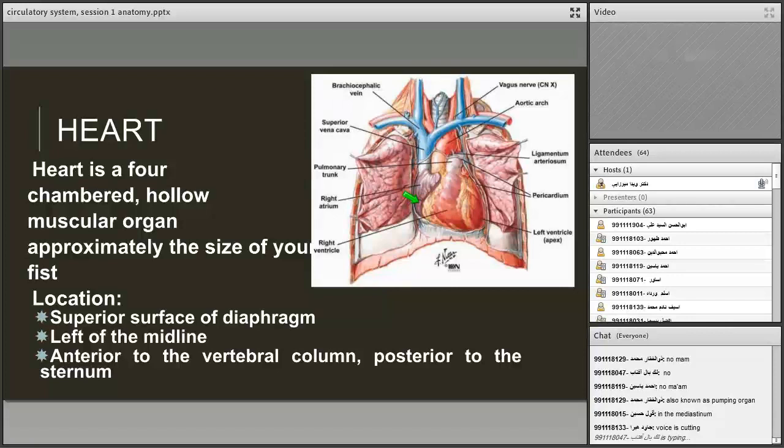And also it is anterior to the vertebral column and posterior to the sternum, on the superior surface of the diaphragm.